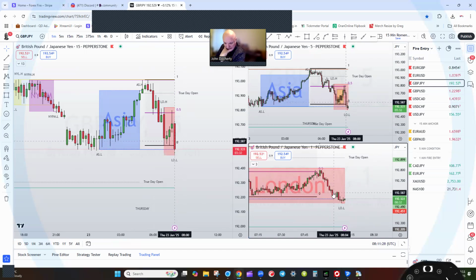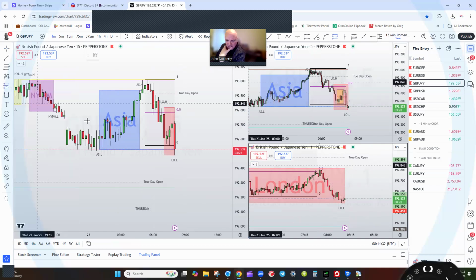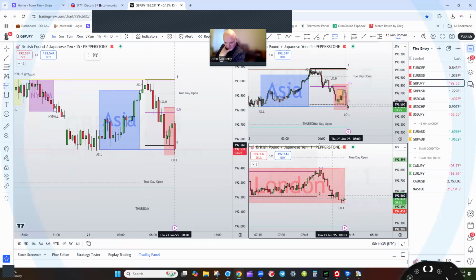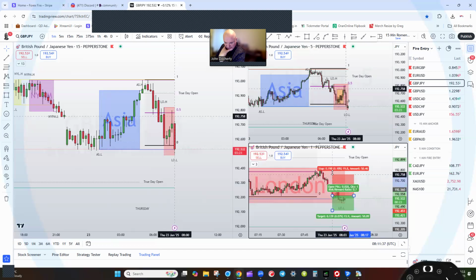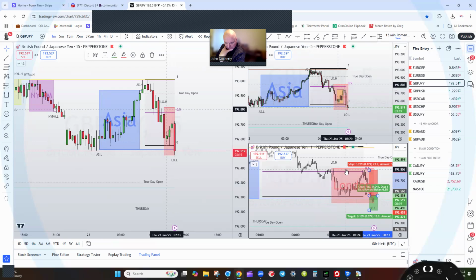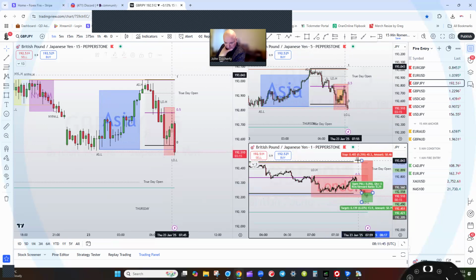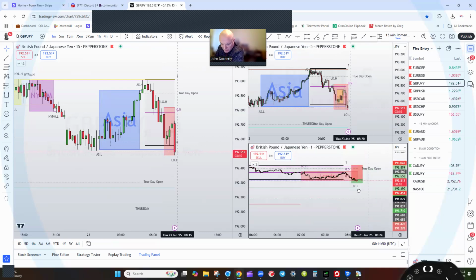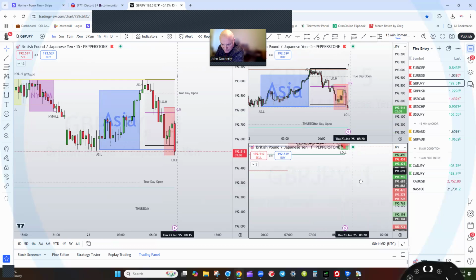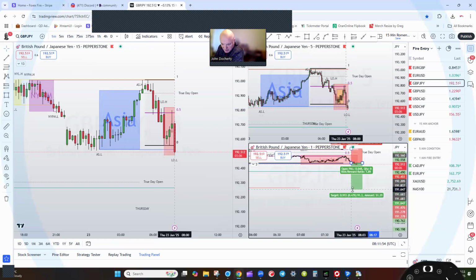But I'm not too keen on it, to be fair. I'm just going to have a look at the setup and then I'll decide. So that's it after that. That's the high. 50 pips is a bit much to be doing. We'll put this on a pink.